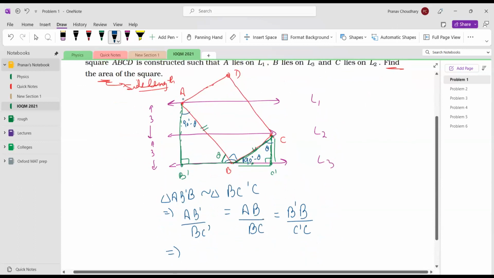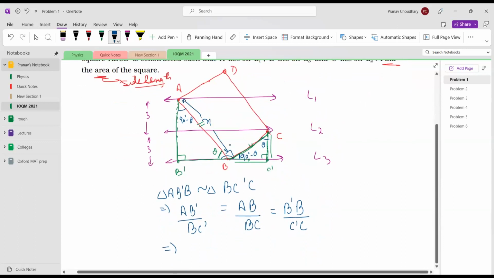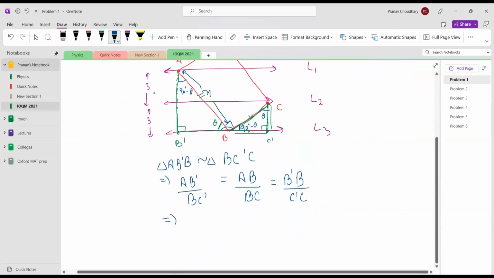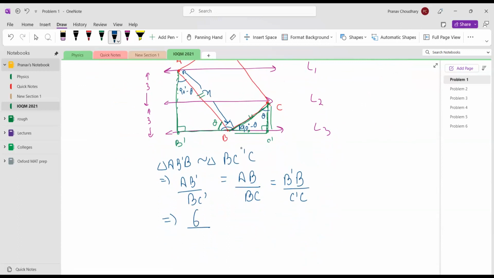Let's say the side of the square is X. So AB dash is 6 over BC dash. We do not know yet, but since this is a right angle triangle, we can use some trigonometry: tan theta is BC dash over 3.